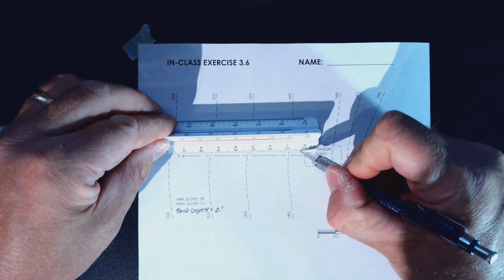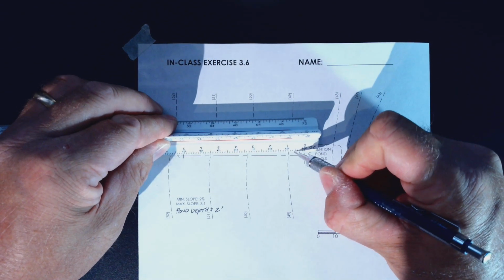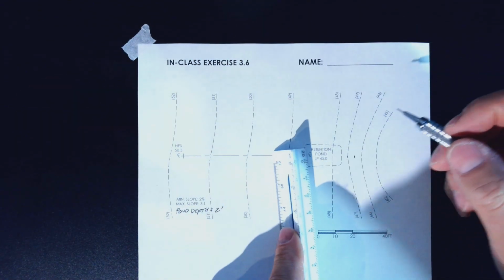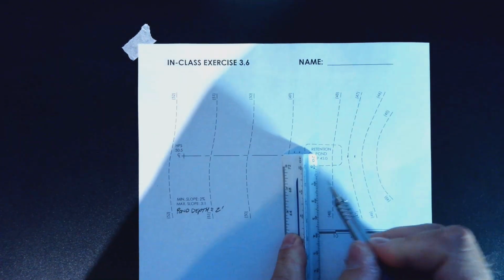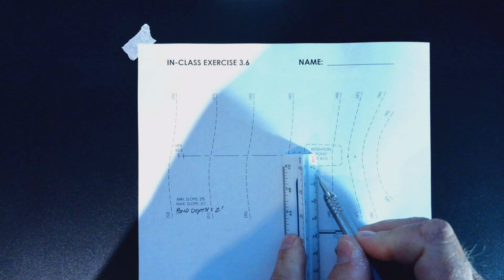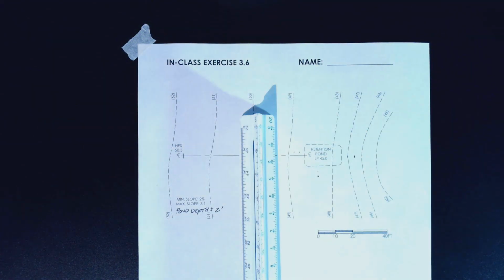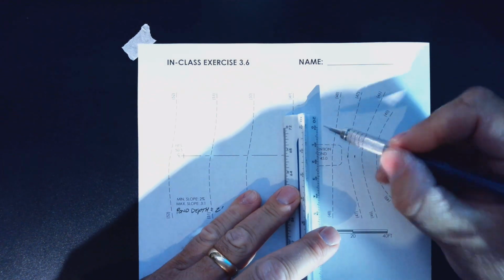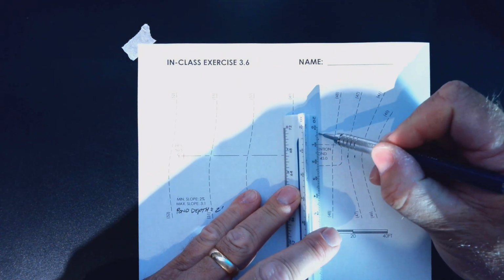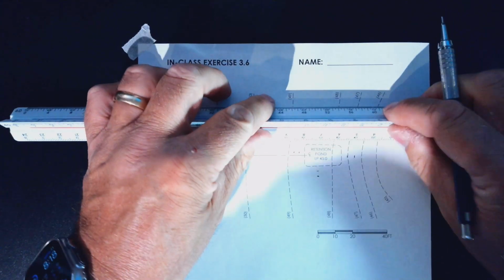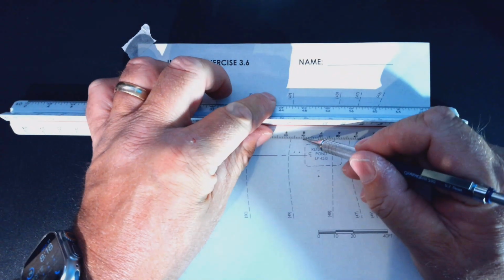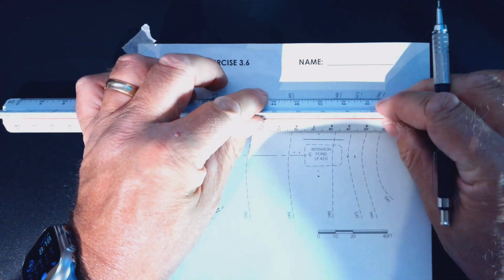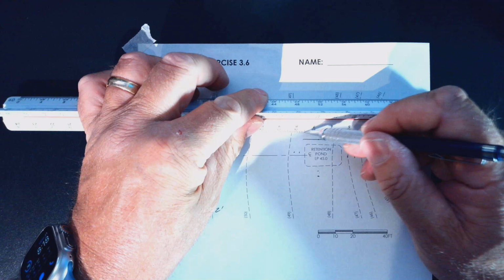So we'll put 3, 6. This is 3, 6, and another one over here, 3, 6. And over here, contour line over here.